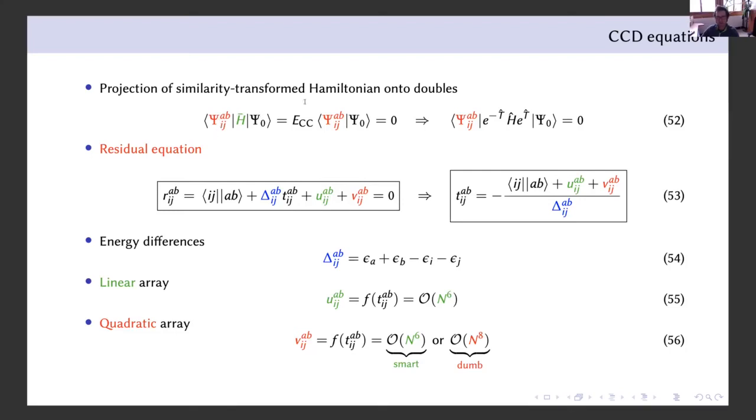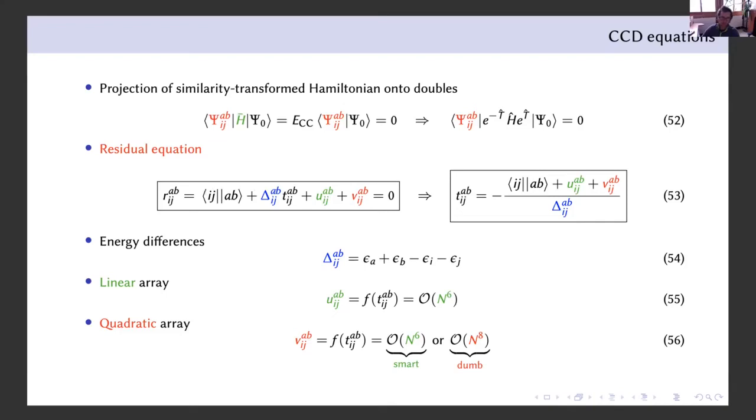That gives me this, and I can rewrite this expression as what we call the residual equations, which I call R_ijab, which are just two-electron integrals. That's important, that's what we usually call the driver term.